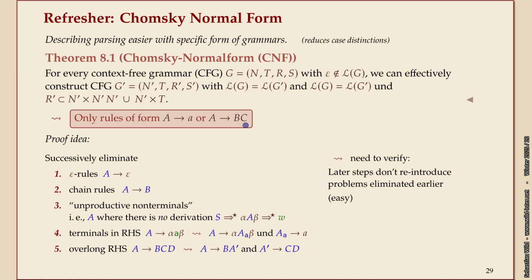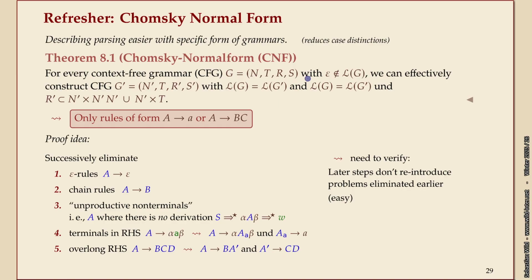And the proof that this without loss of generality assumption is true essentially tells you how to get rid of each of the unwanted features a grammar might have. And by doing the eliminations in the right order, so that later elimination steps don't reintroduce the trouble you've got rid of earlier, you can turn a grammar effectively into one in Chomsky normal form.